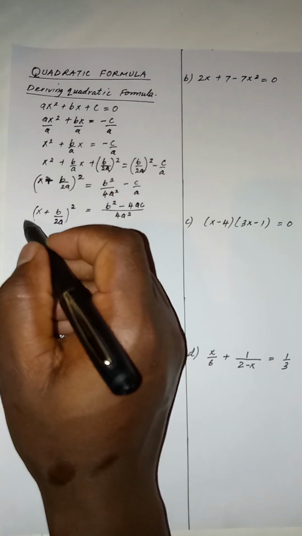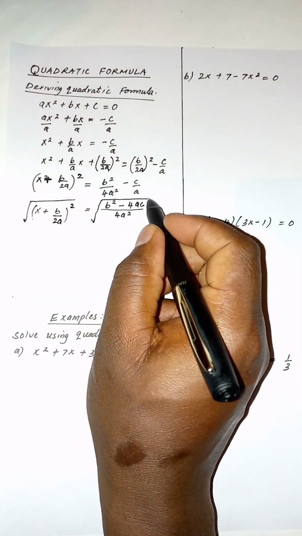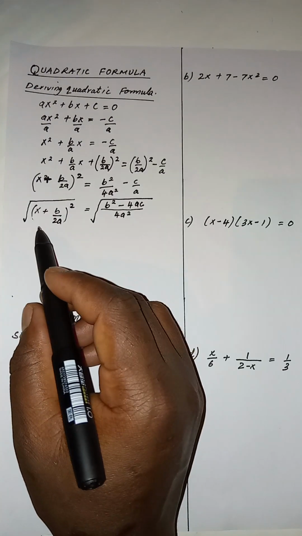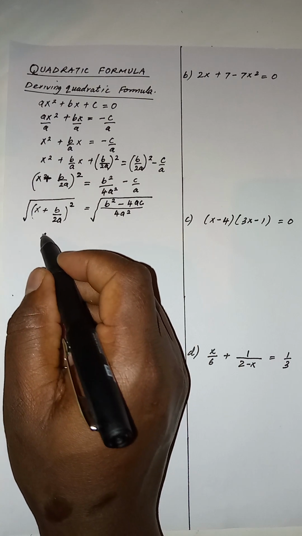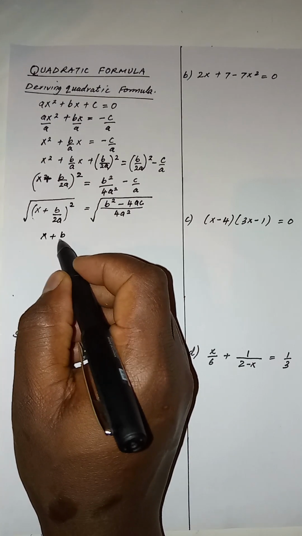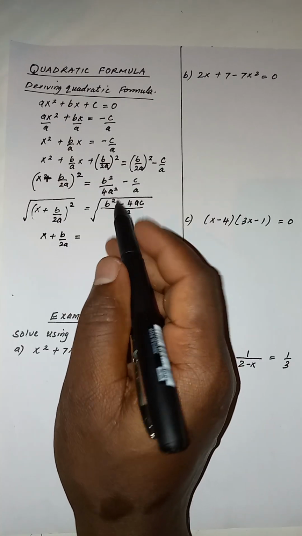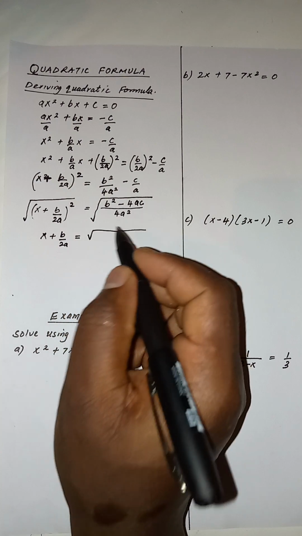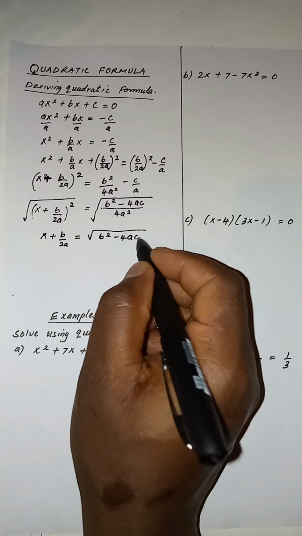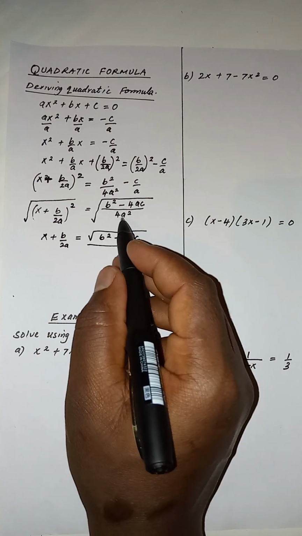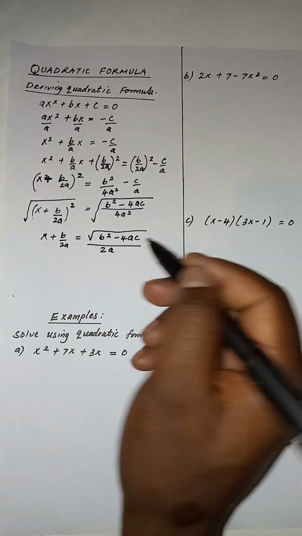We can find the square root on both sides. The square root cancels with the squared sign, so x plus b all over 2a is equal to the square root of b squared minus 4ac all over the square root of 4, which is 2, and the square root of a squared gives us a.